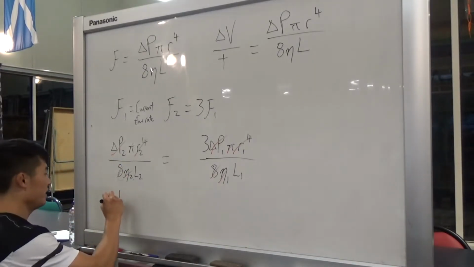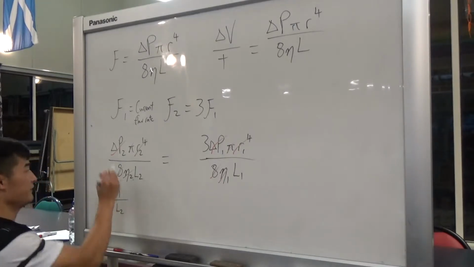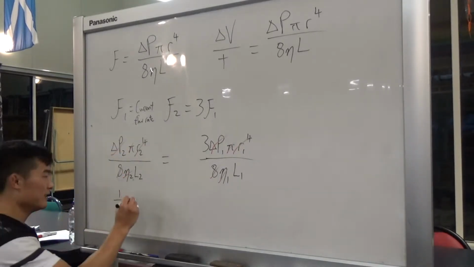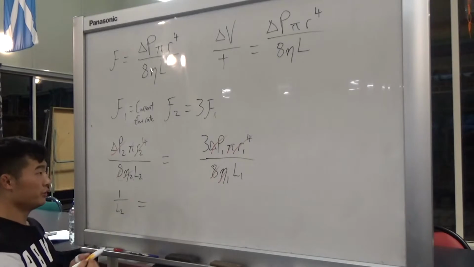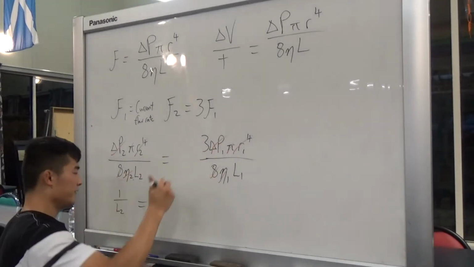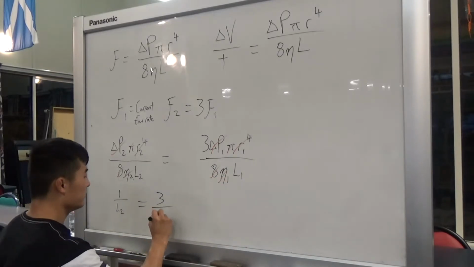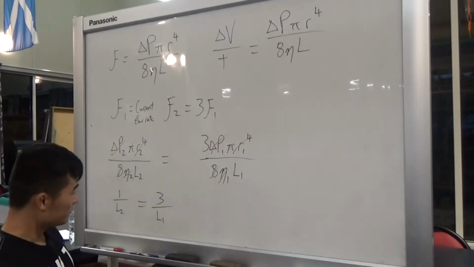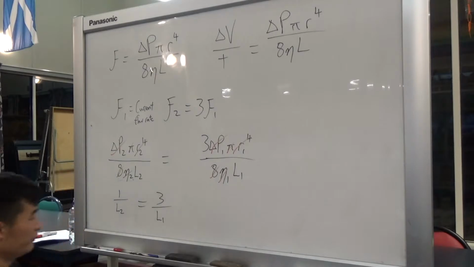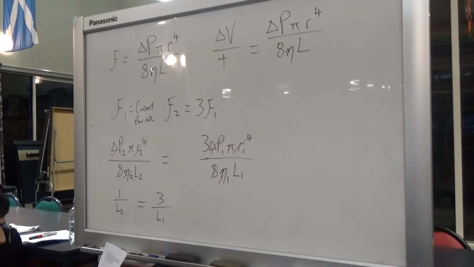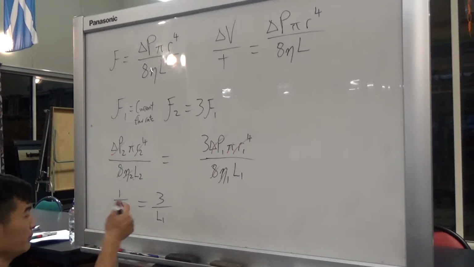So that's going to be 1 over L2, because if there's nothing on the top, it just becomes 1, is equal to 3. So the only thing left on top is 3 over L1. Okay? So then we want to find out what L2 is. So we're going to flip it upside down.